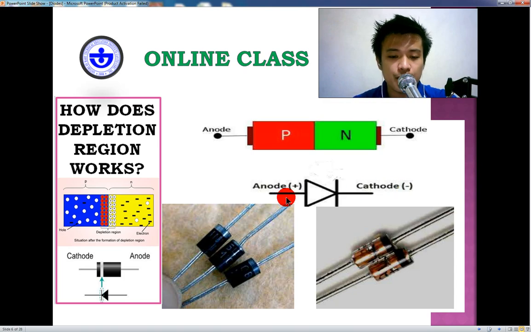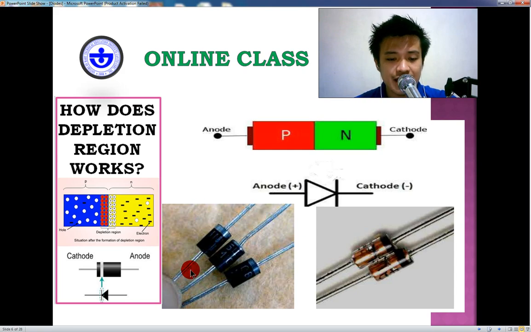Now, in an actual diode, for example this picture of a rectifier diode, the body is coated with either white, silver, or gray. The coated part is the cathode, so this is the negative leg or terminal of your diode.